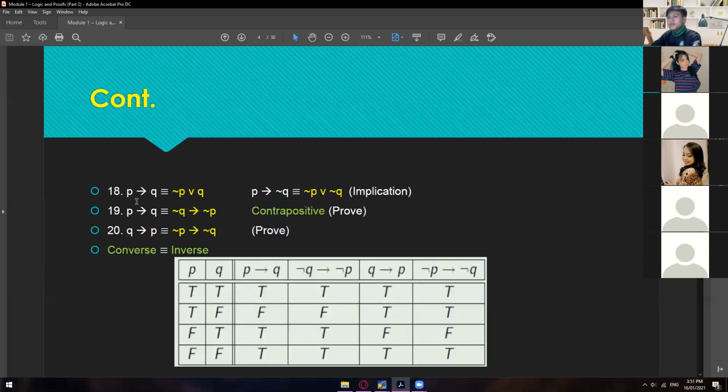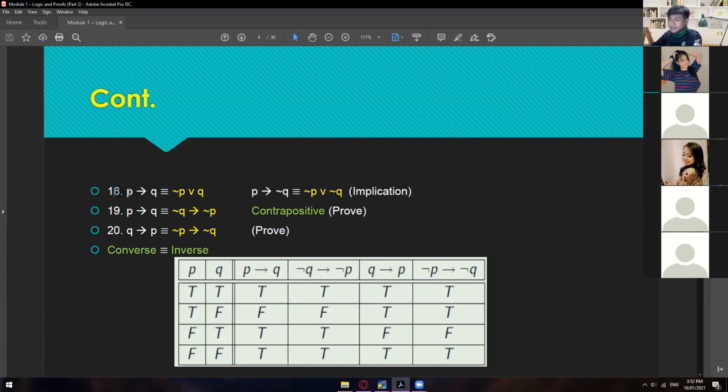Okay, next we have P conditional Q, which is equal to not P or Q. In implication, it is not easy to say that this one is equal to this one just because of this and that. We have a long derivation for that one.